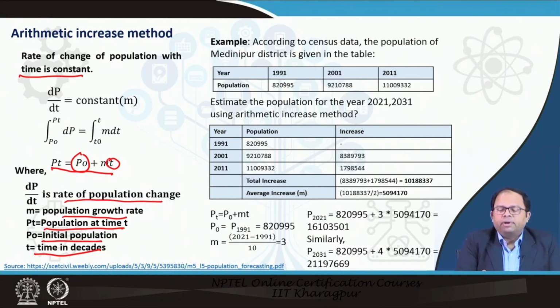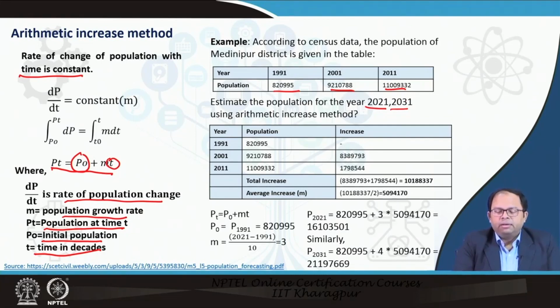In the example you can see over here, this is again pretty straightforward. We have data for 1991, 2001 and 2011. This is the population data for Mendipur district, and using this data we can estimate the population for year 2021 or 2031 using this method.